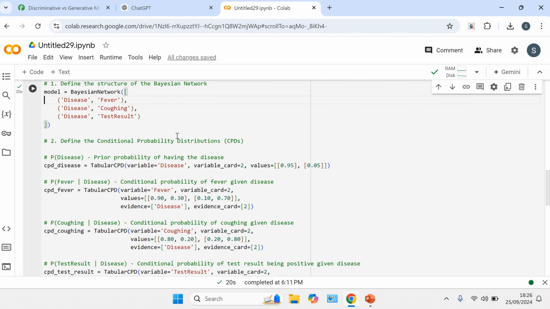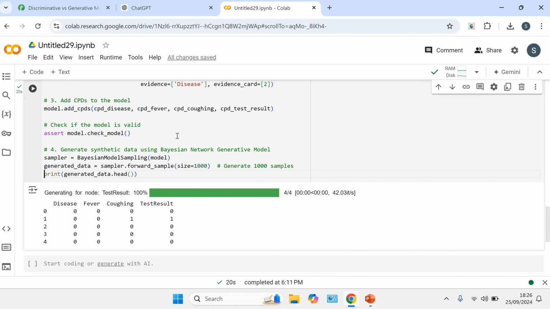We have a disease like fever, cough, and the test results. If we have a fever, what kind of probability is there? I created this with the generative AI model, the Bayesian theorem. We have the diseases, fever, coughing, and test results. If we have a cough, the test is showing 1. If you have a fever, we can take more examples like this.